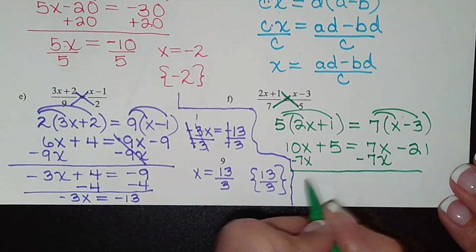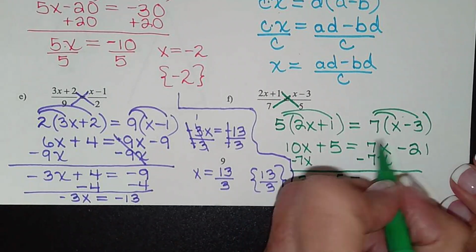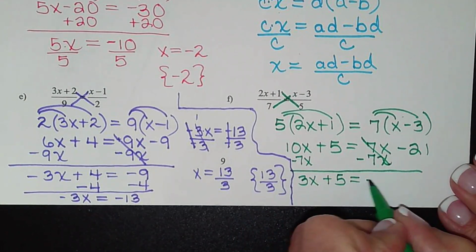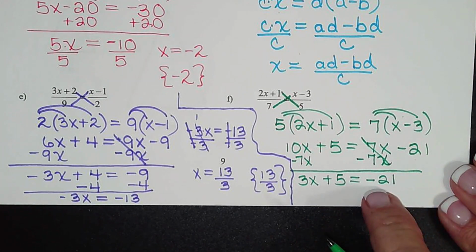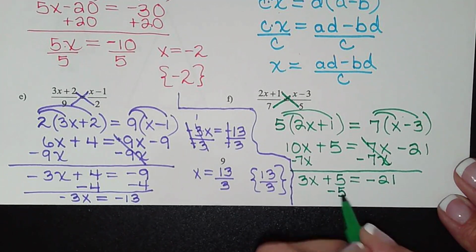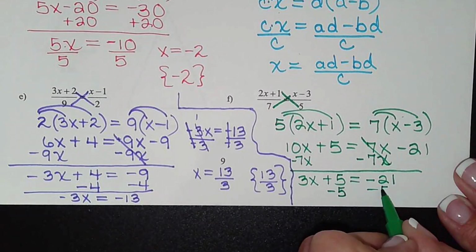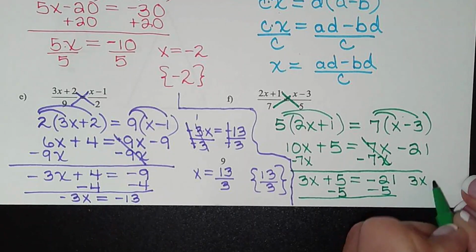And we get 3x plus 5 equals, gone, negative 21. Don't lose that negative in front of it. That sign stays with it. All constants on the right, so do the opposite, minus 5 minus 5. So 3x equals negative 26.